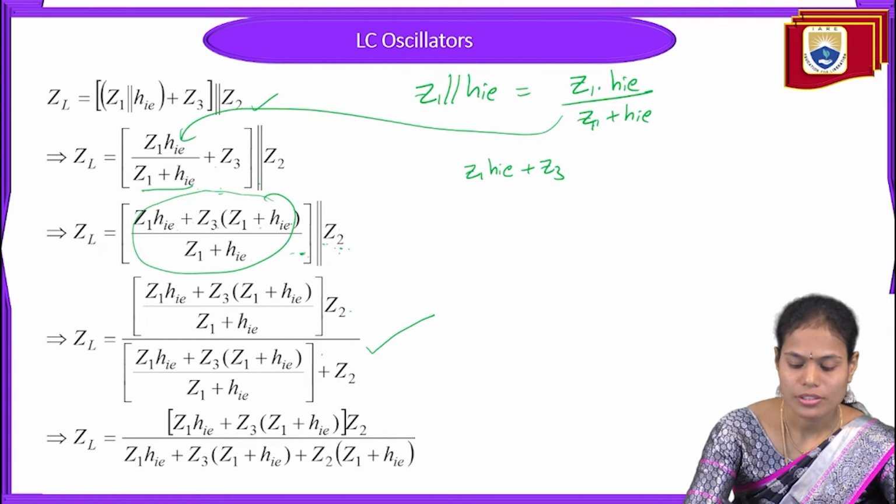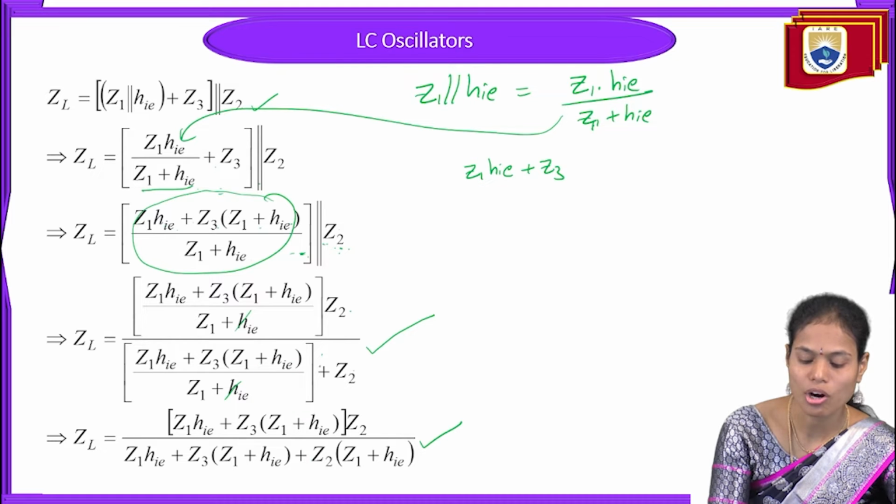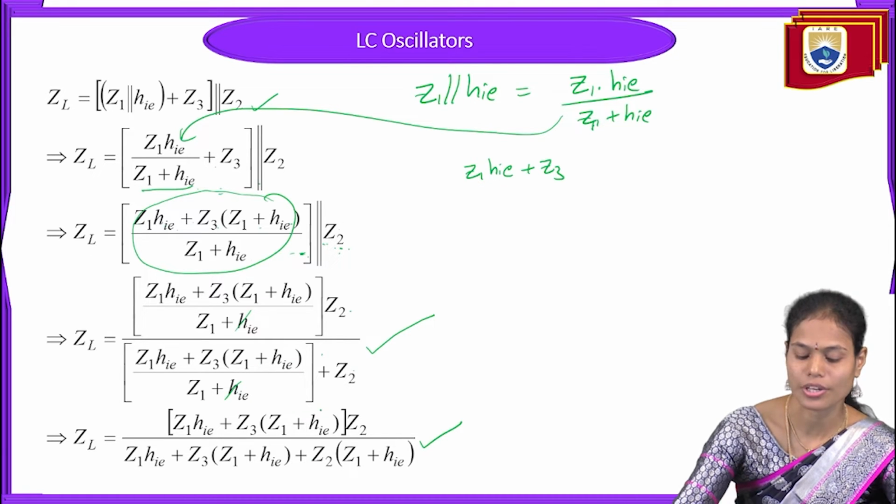If we simplify this, these two terms will get cancelled, and after taking the LCM, we will get the simplified expression as Z1 hie plus Z3 into Z1 plus hie into Z2, divided by this term Z1 hie plus Z3 into Z1 plus hie, plus Z2 of Z1 plus hie.